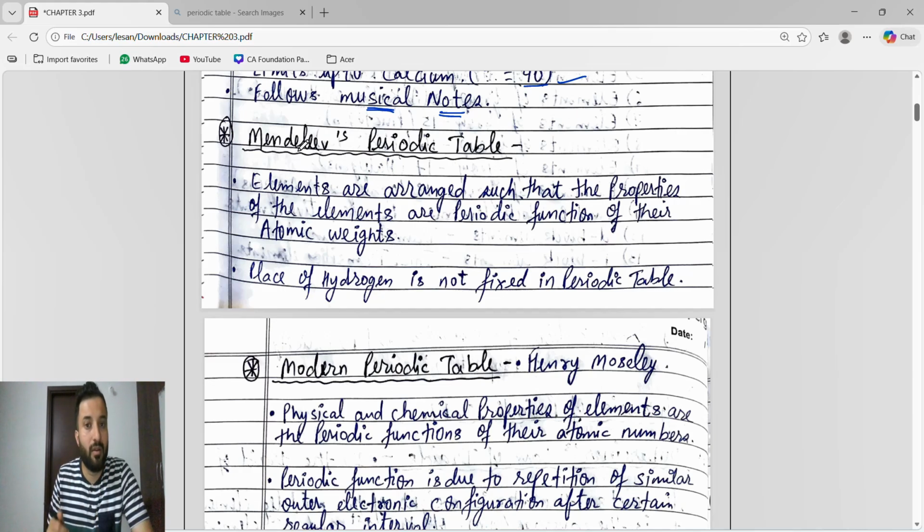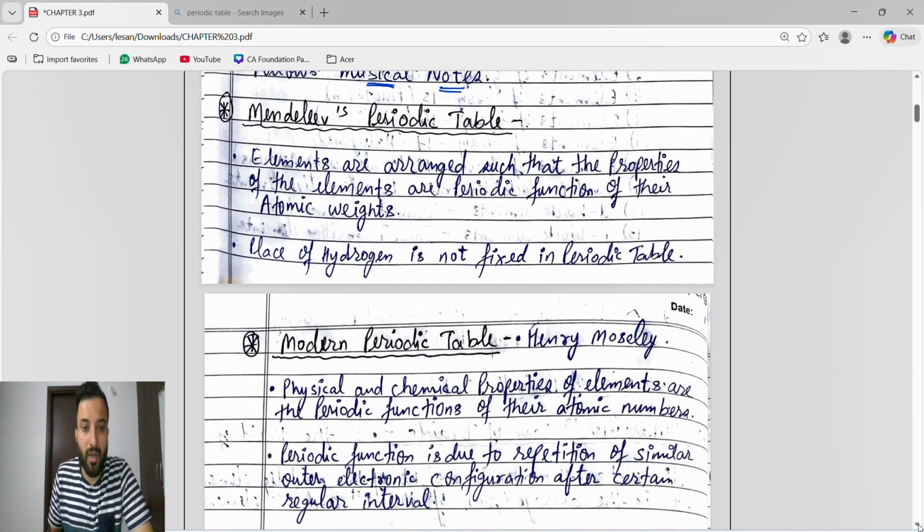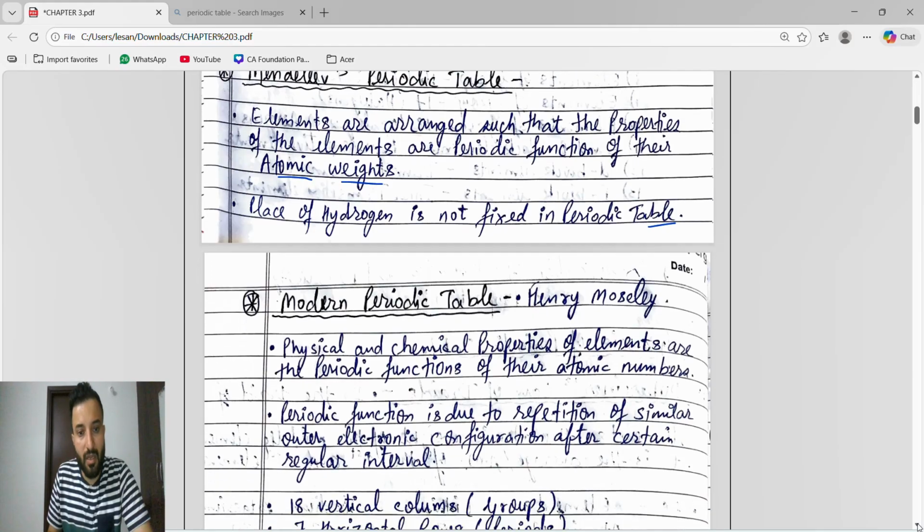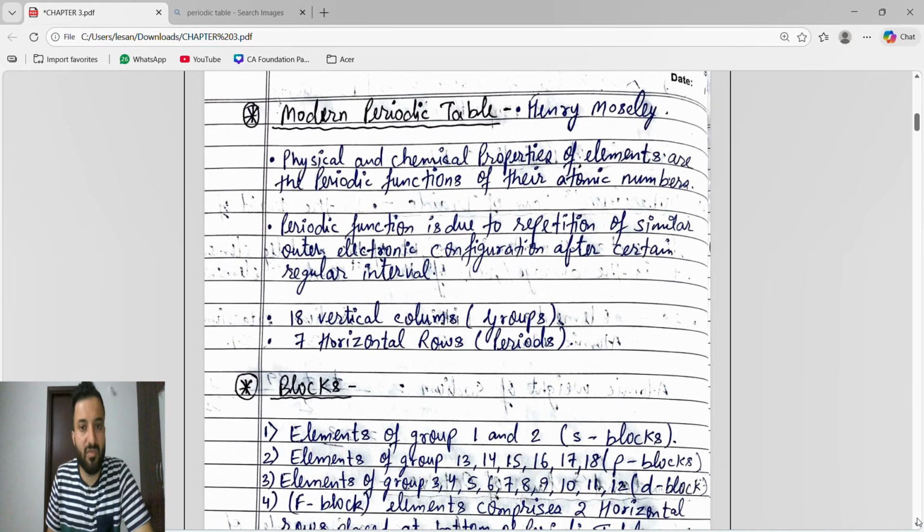Mendeleev's periodic table says elements are arranged such that the properties of elements are a periodic function of their atomic weight, meaning again atomic mass. So it is also based upon atomic mass. What is the drawback? The place of hydrogen is not fixed in the periodic table. Mendeleev also failed due to this drawback.